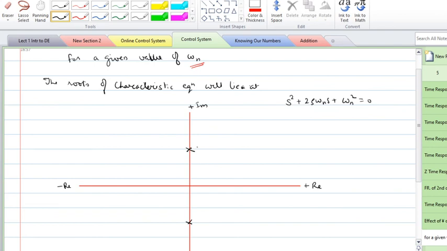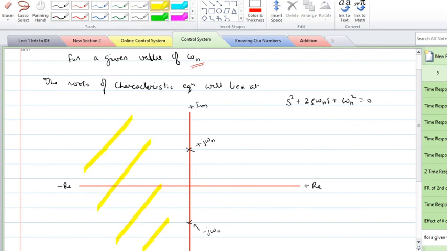This is nothing but plus j omega n and minus j omega n. And if the roots are complex conjugate, then they will lie in this particular region.